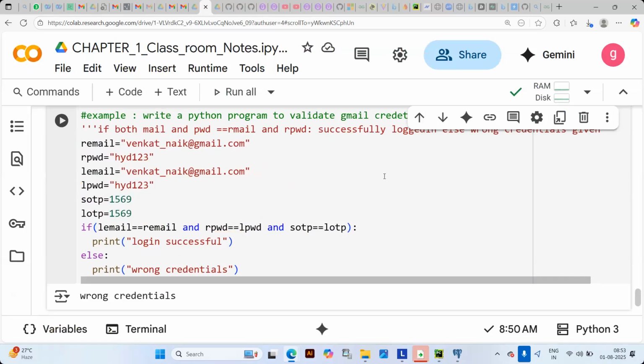How exactly do we take them here? The truth table. Email ID, password, OTP, decision. Sometimes all three might be given wrong.